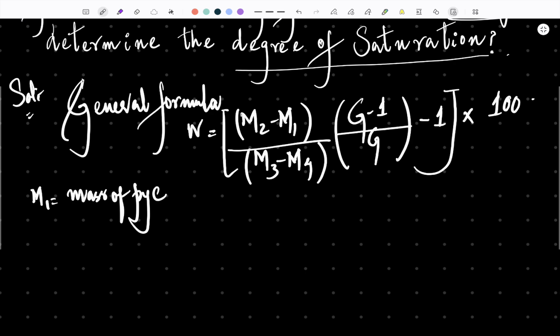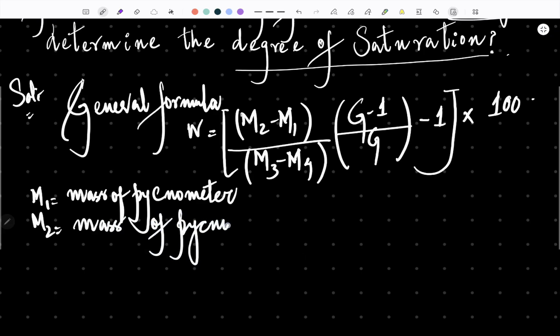So M1 is the mass of pycnometer. M2 is the mass of pycnometer plus wet soil.